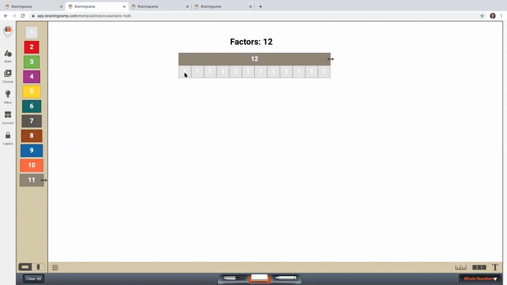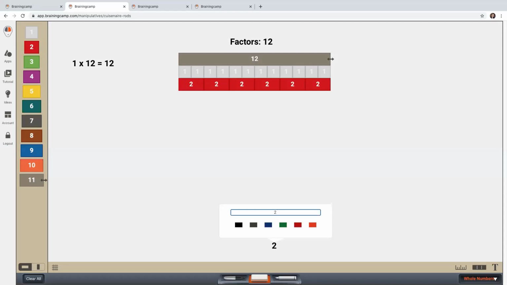And that works out because 1 times 12 is 12. I'm actually going to go ahead and write this over there. 1 times 12 equals 12. And then I'm going to check for my 2's tile. 3, 4, 5, 6. So I can fit 6 of the 2's tiles. So 2 times 6 equals 12.